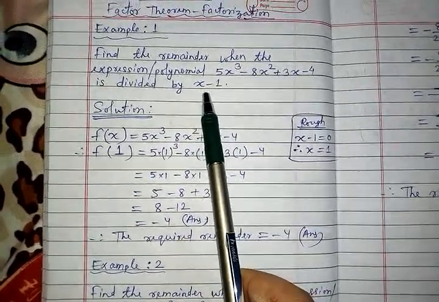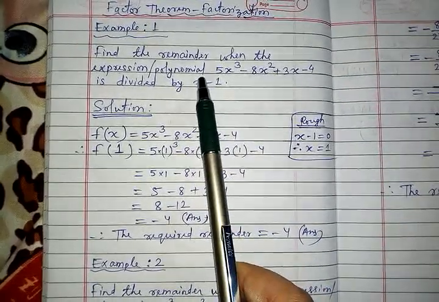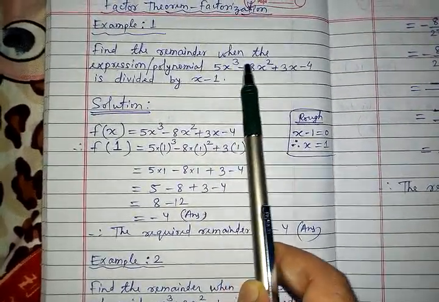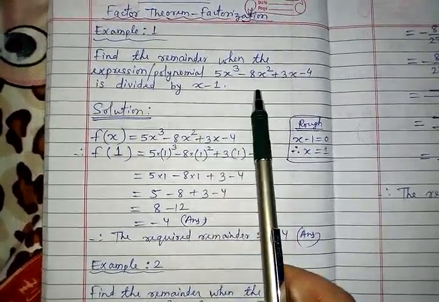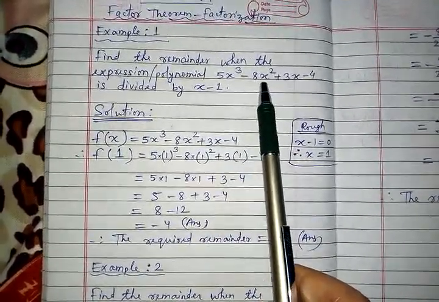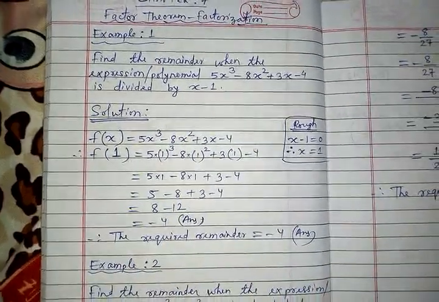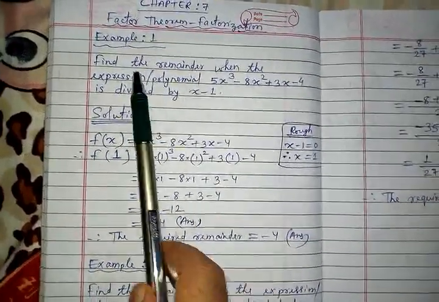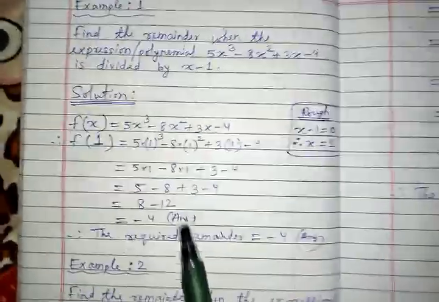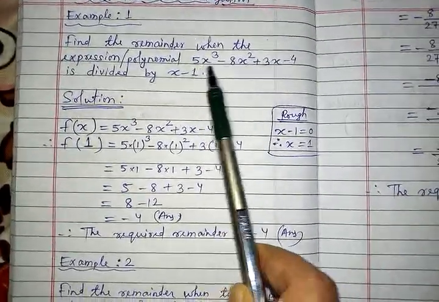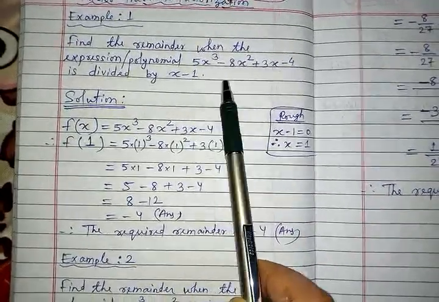You have to divide 5x cube minus 8x square plus 3x minus 4 by x minus 1, but we will not put any division sign. You have to do this particular work in a very different technique. So what is the technique? How will you divide this expression by x minus 1?